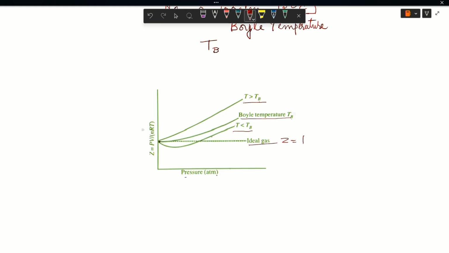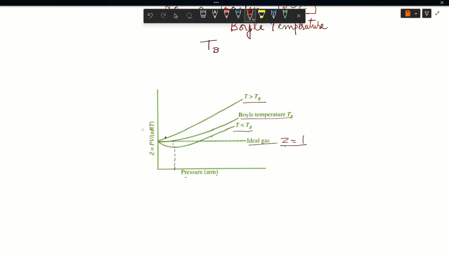At the Boyle temperature, there is a certain pressure range at which the gas obeys Boyle's law and shows ideal behavior, in which the compressibility factor Z is equal to 1. When it is above the Boyle temperature, just like what we have seen for hydrogen and helium, it keeps on increasing. There is no dip or a region where Z is equal to 1. These are the conditions for a certain gas.